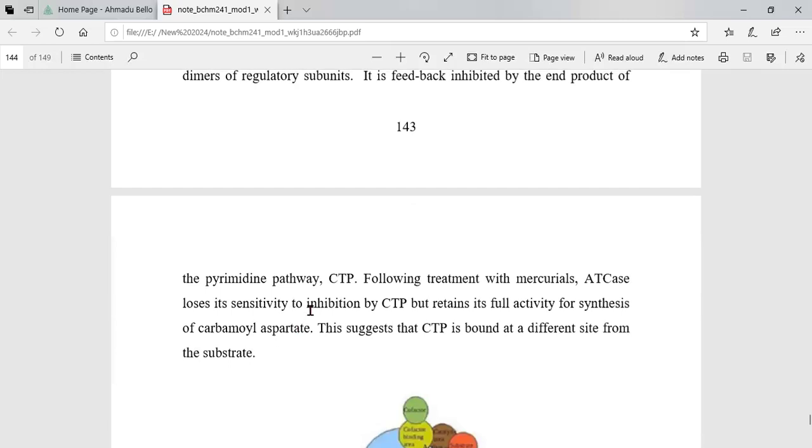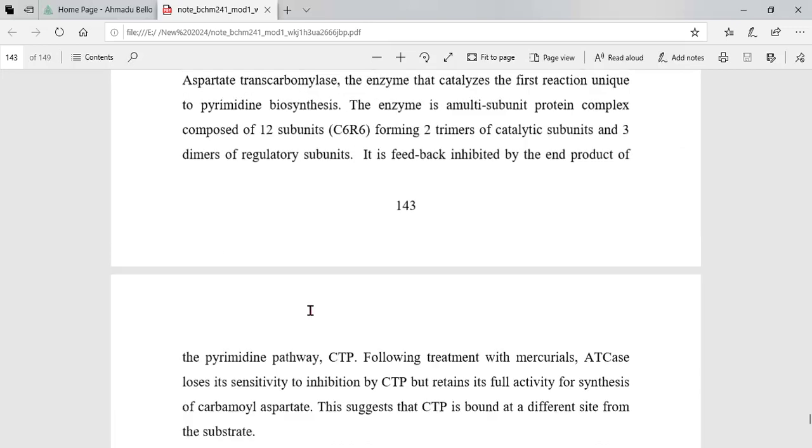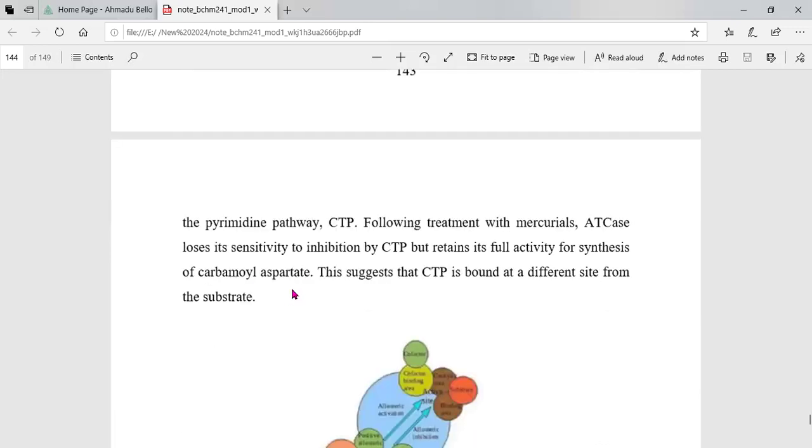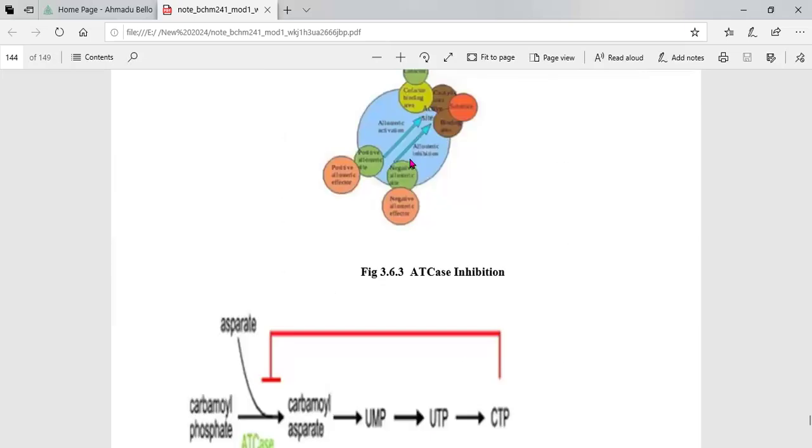Following treatment with mercurials, the enzyme loses its sensitivity to inhibition by CTP, but retains its full activity for the synthesis of carbamyl aspartate. This suggests that CTP binds at a different site, apart from the substrate site.